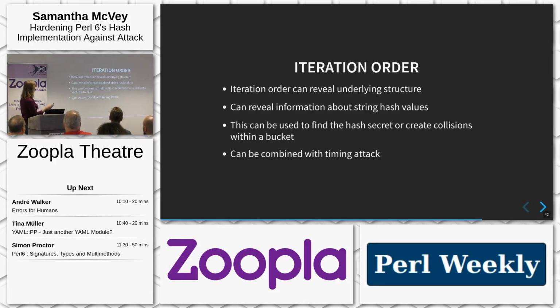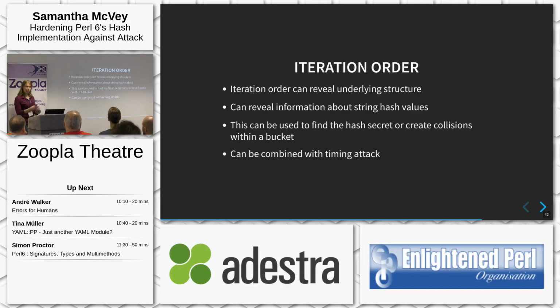Let's see, I have a little bit of time. So let me talk about iteration order. As you all know, in Perl 5, you add a hash key, and then your hash order is totally different. If you have tried that, once you add a key, everything will have seemingly switched around. So the iteration order can reveal information about how it's laid out in memory. You want the attacker to only have access to, let's say, the insertion order.